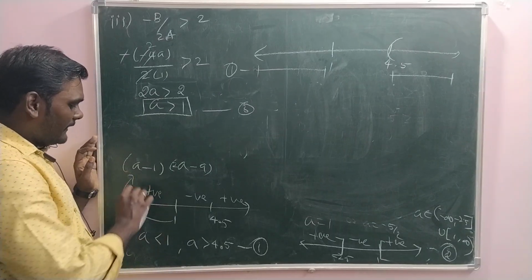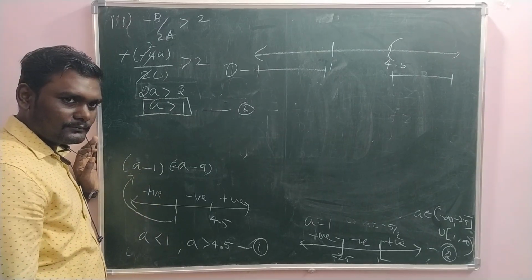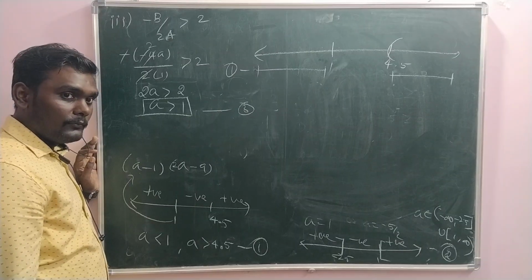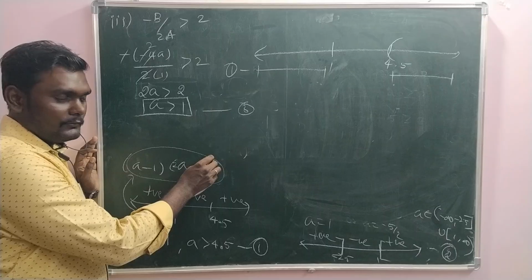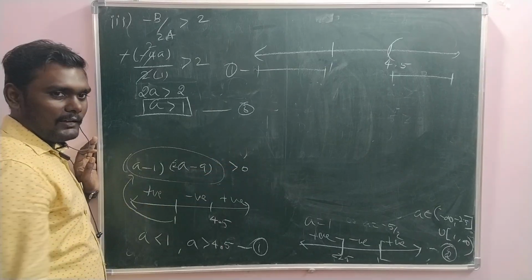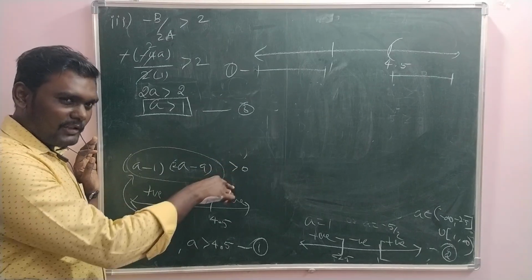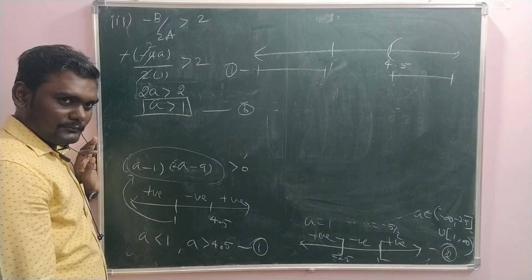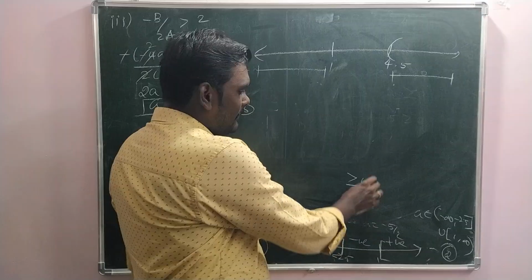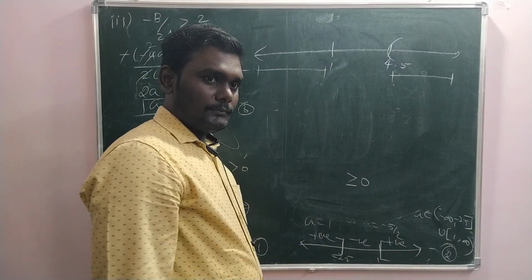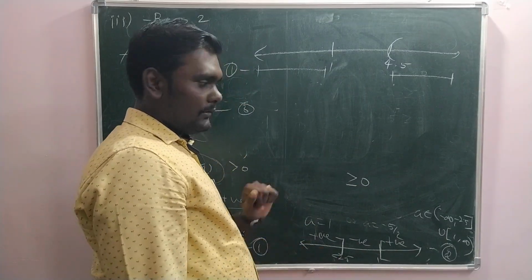You substitute 1 in here, the whole thing will become 0. We are looking for where it is greater than 0, not where it is 0. But in this case, it is greater than or equal to 0. That is why this point also we included.